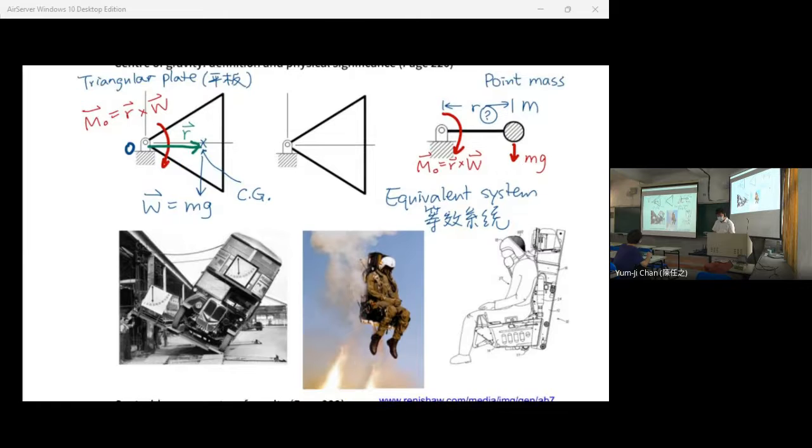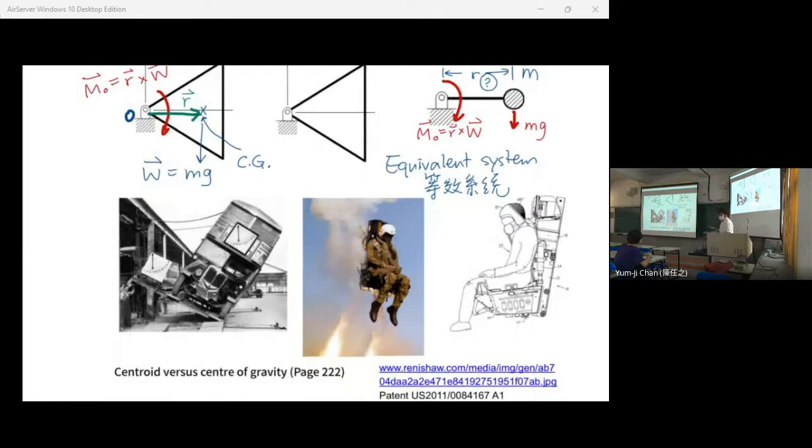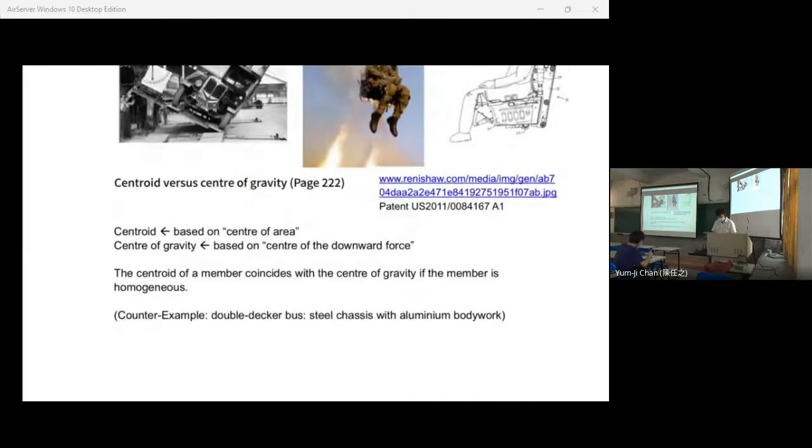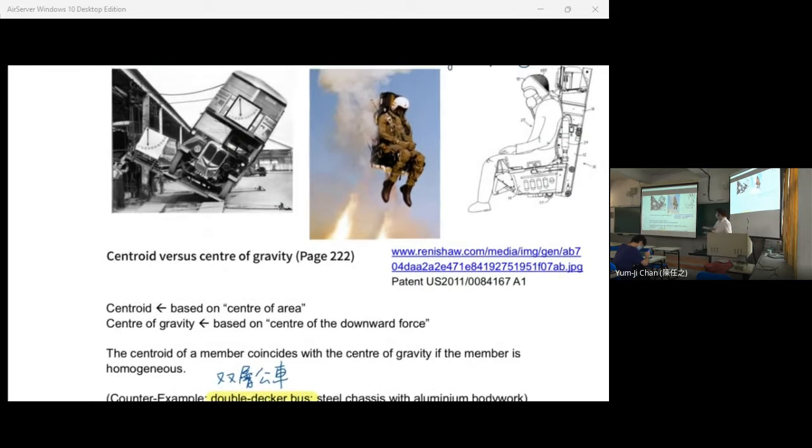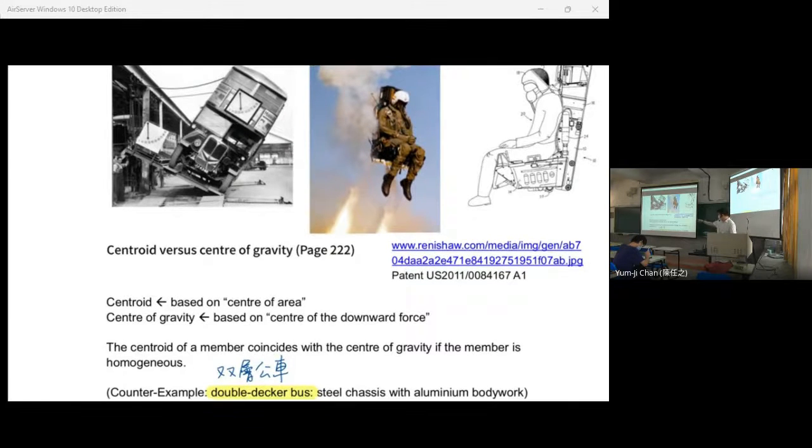The one on the left is what we call a double decker bus. What we call here is a double decker bus.